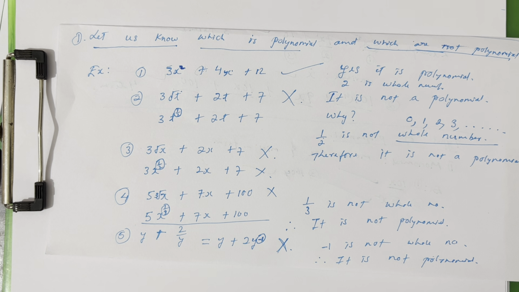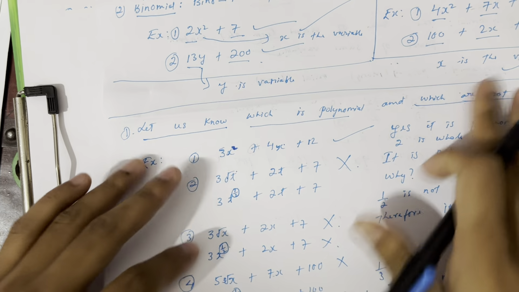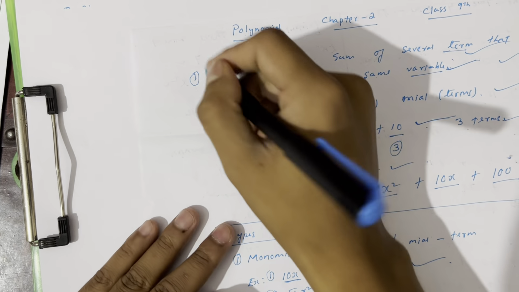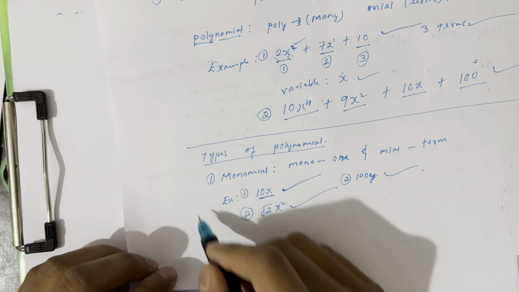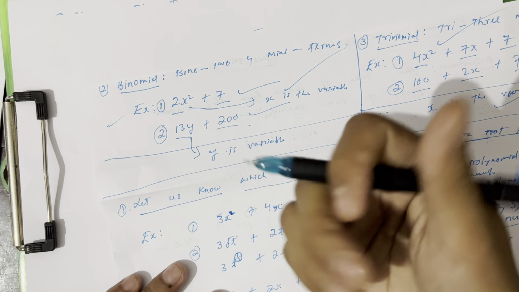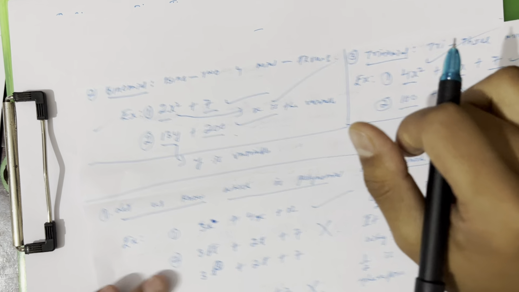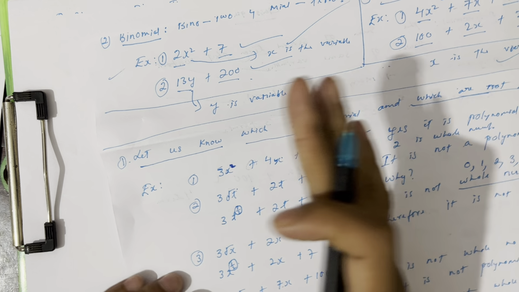Okay, clear? Now I'm going to explain the last one. Now you already know about polynomials and the types of polynomials. There are 3 types: mono, bino, and trinomials. And you already know which is a polynomial and which are not.